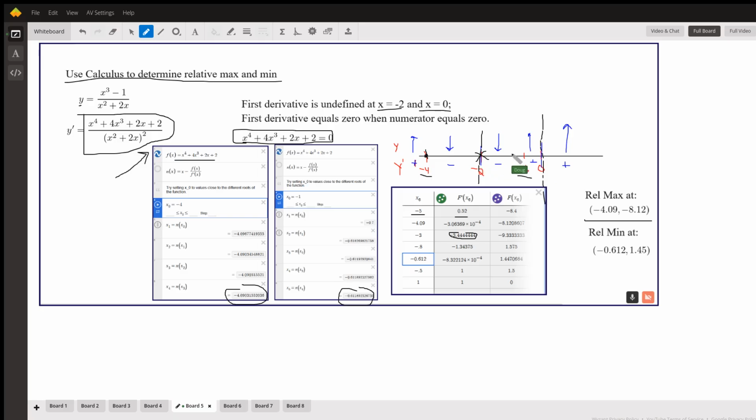For the branch between -2 and 0, we do have a critical number right here at -0.6. To the left of -0.6, the first derivative is negative.